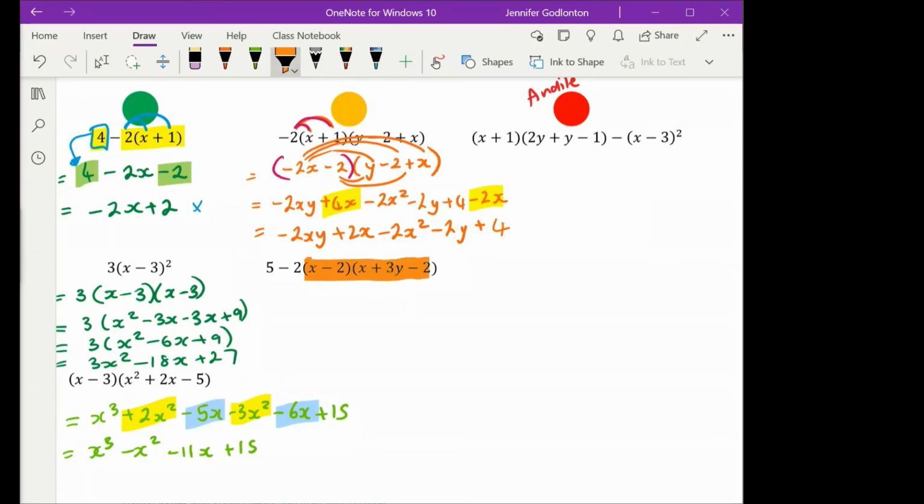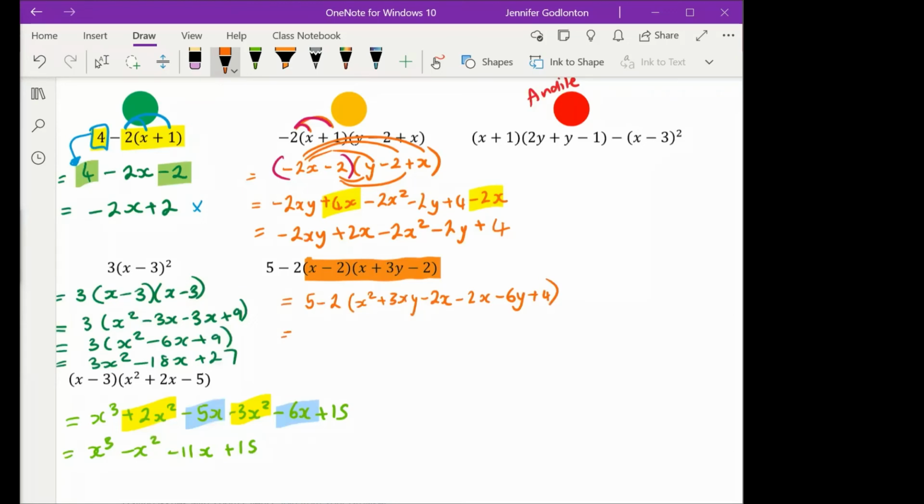So in these situations, it is easier to first do the binomial times the trinomial. So you keep it as 5 minus 2 and then work out everything in the middle: x squared plus 3xy minus 2x minus 2x minus 6y plus 4.